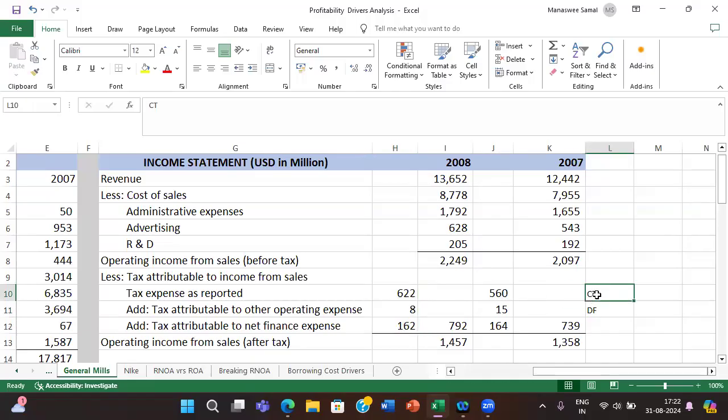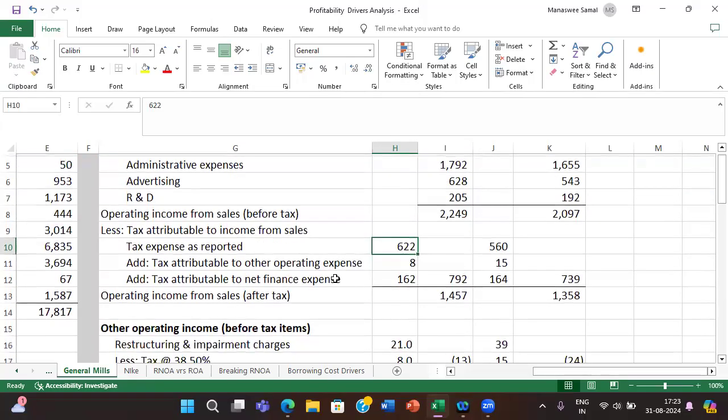You have to understand which portion of the comprehensive income will be related to what component of the overall tax expense. I'll just demonstrate through numbers. In the P&L of General Mills, they have reported total tax expense of 622. That is of course the summation of both deferred tax and current tax.